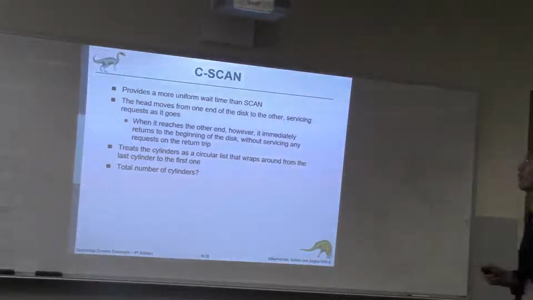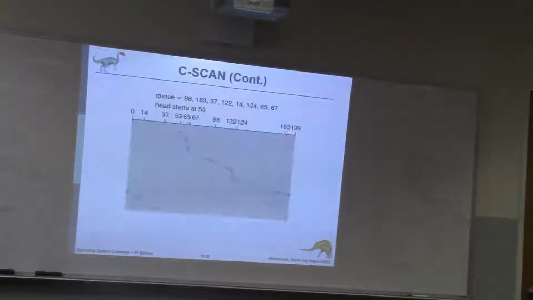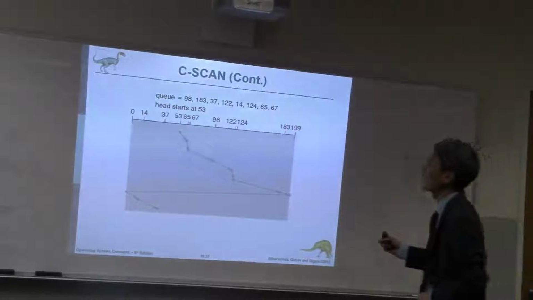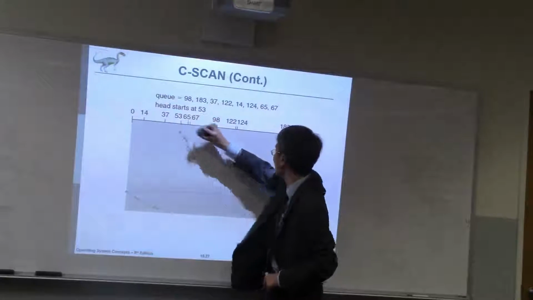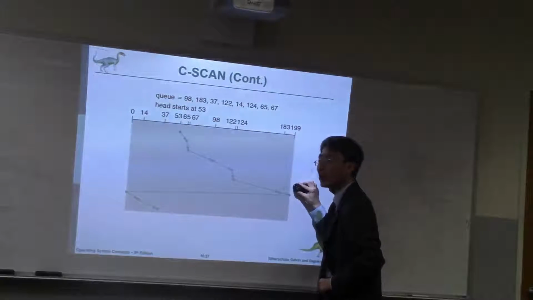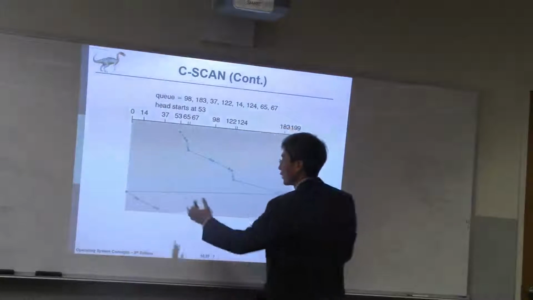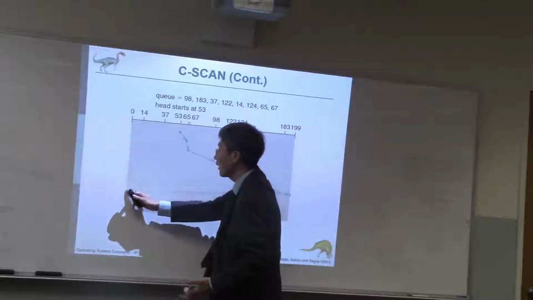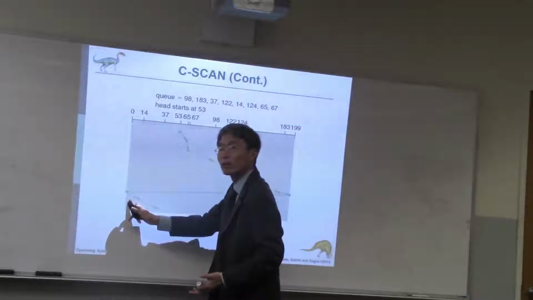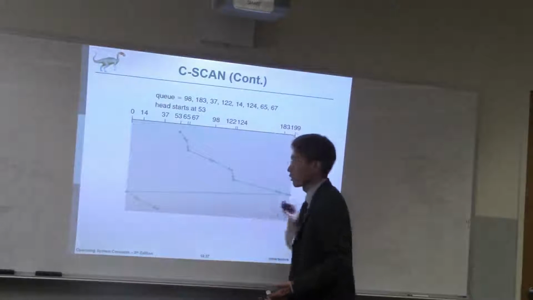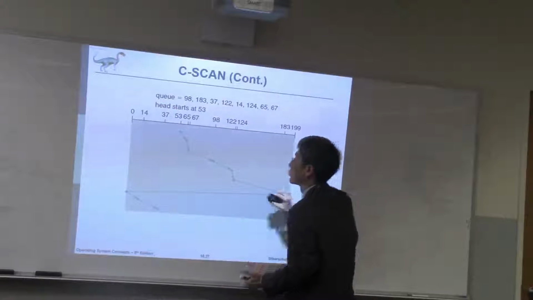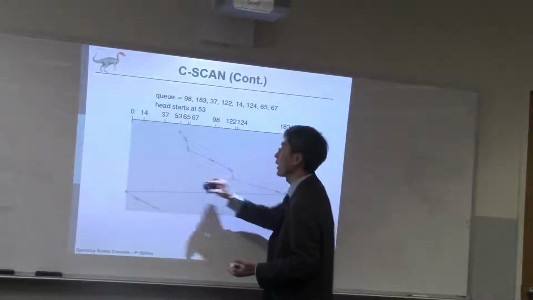To address that problem, C-SCAN: why don't we move from the current head to the edge, then all the way back and start to read. When you move back to the initial point, you do not read the data. Just move back and read, move back, read, move back, read.